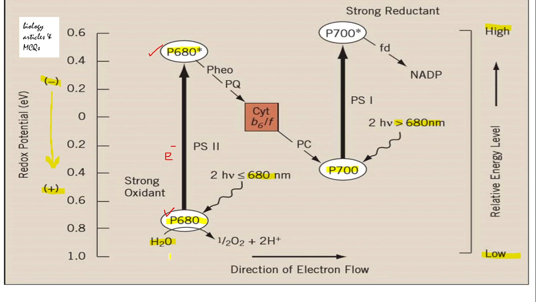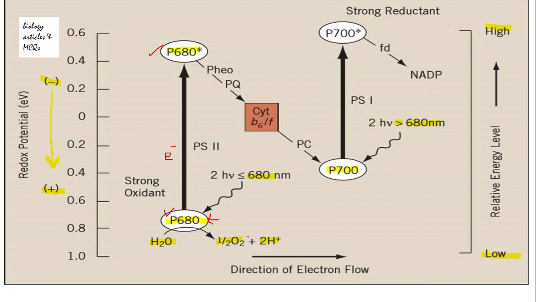The light will hit the water molecule and break it down into oxygen, hydrogen and two electrons, and those electrons will be received by photosystem 680, and the electron hole of photosystem 680 will be filled.